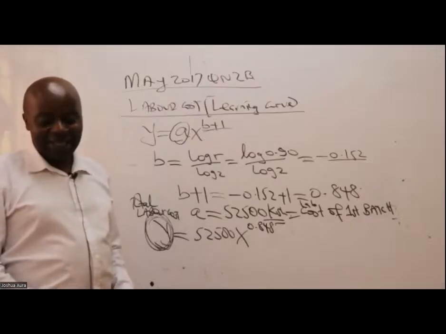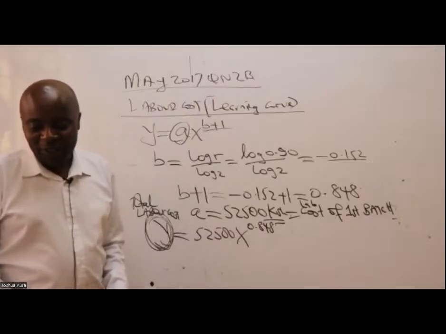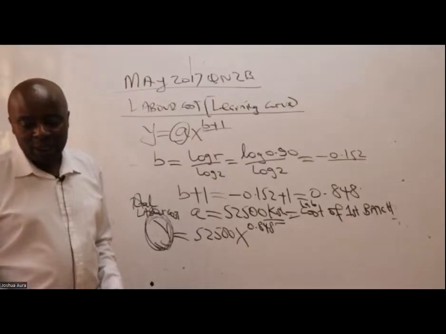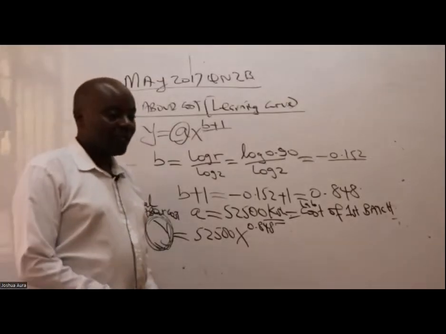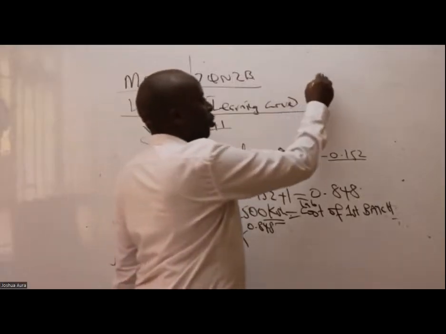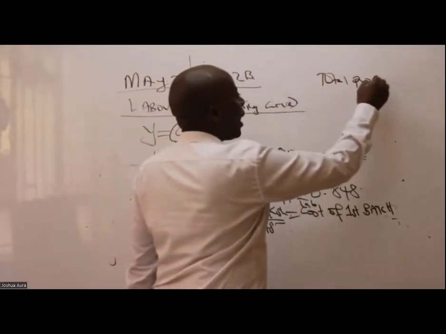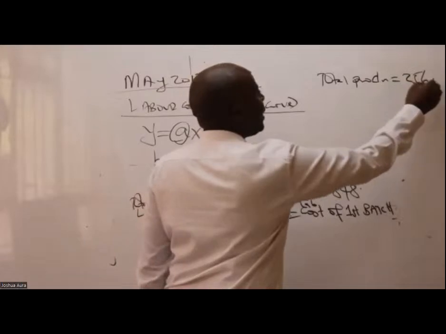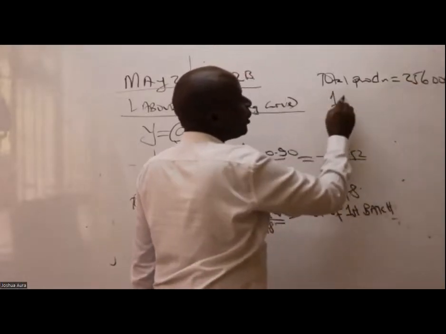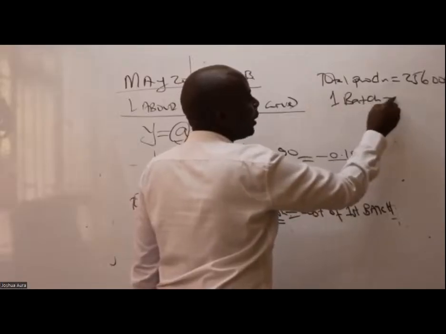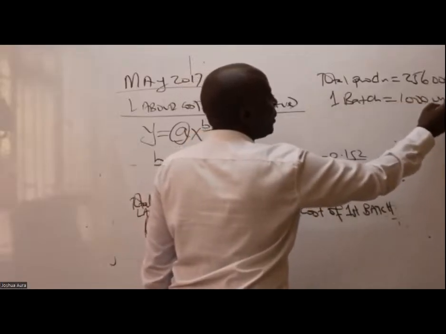By the end of the year, the number of batches in total, remember the expected production is 256,000 units, all right? And then we know that one batch from what they have told us equals 1,000 units.